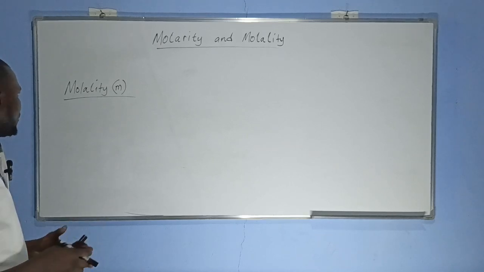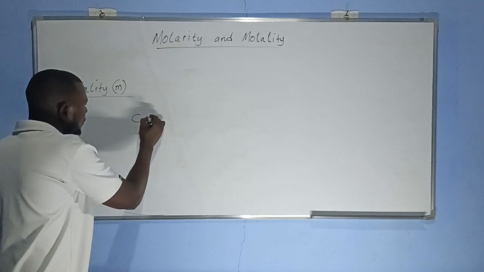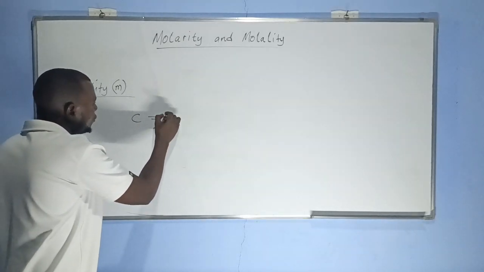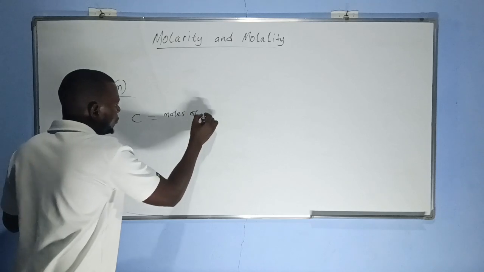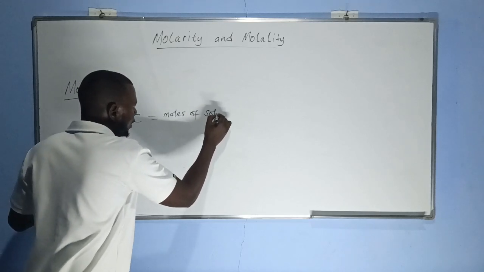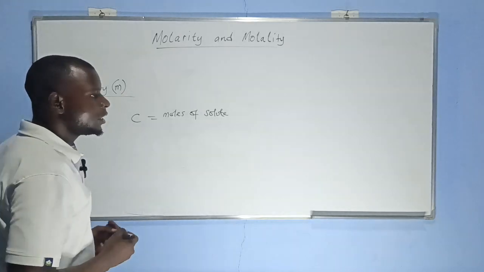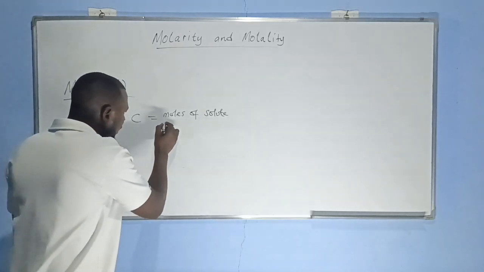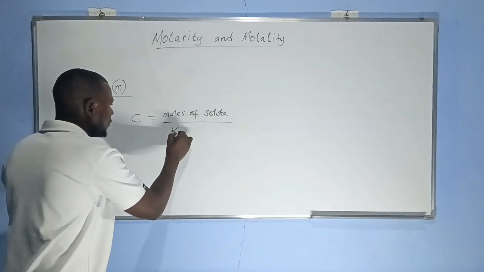What is this type of concentration? It's concentration in terms of, we still have moles of solute there, just like we had for molarity. We're still talking about moles of solute, but then it is per kgs of solvent.